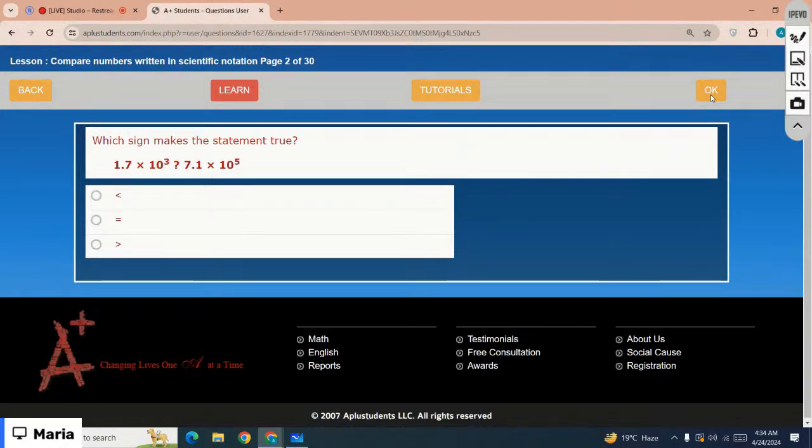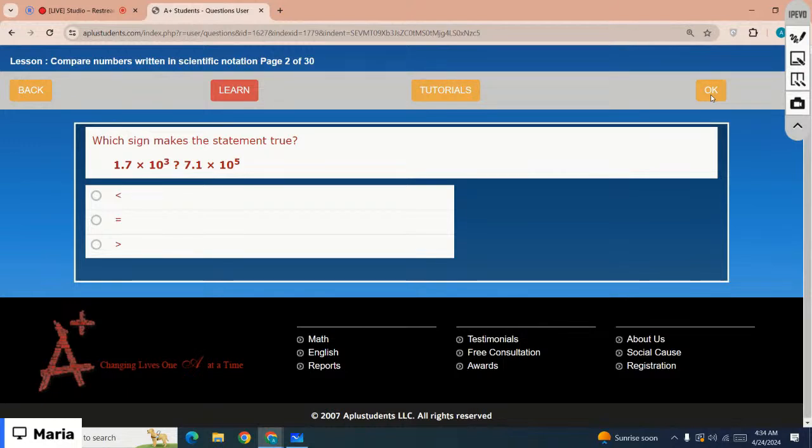Which sign makes the statement true? 1.7 times 10 exponent 3, you have to compare it to 7.1 times 10 exponent 5. So which is the correct option? Just look at the exponents, right? 5 is greater than 3.